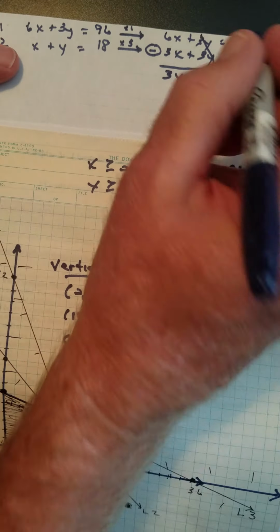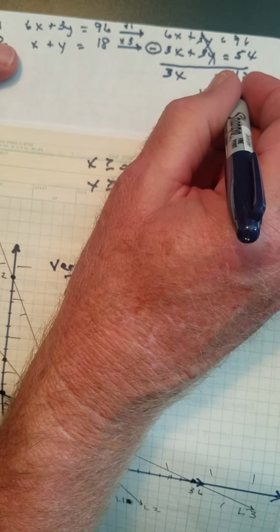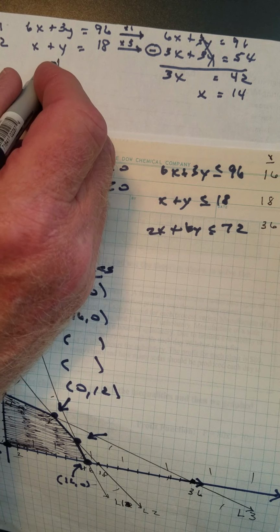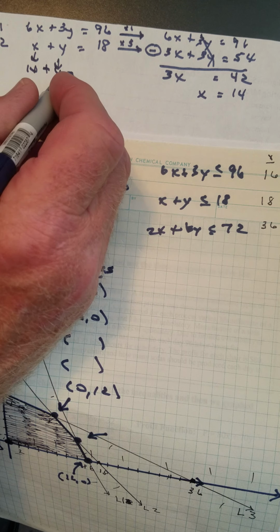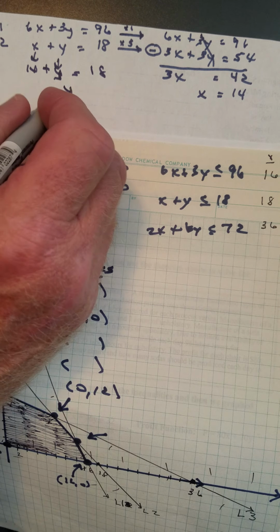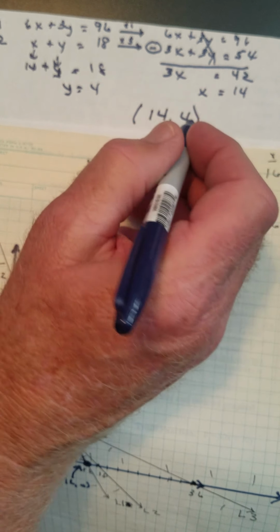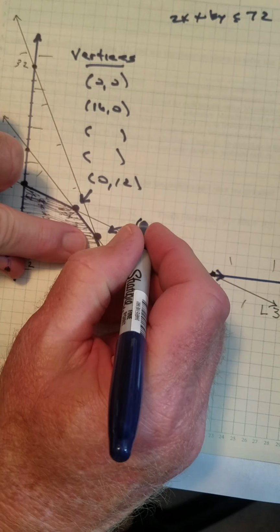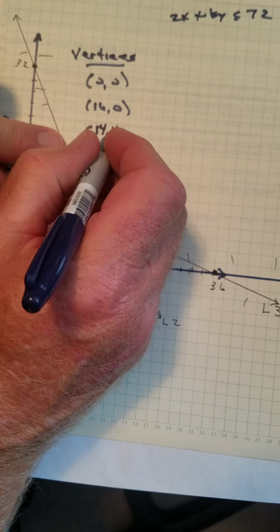The 3 y's drop out, and 96 minus 54 is 42. That tells you that x is equal to 14. If I go back to this equation, I put 14 in for x. I'm going to have 14 plus y equals 18. So y is equal to 4. So my coordinate is 14, comma 4. That means when I go back, this point right in here is 14, comma 4, and that is that vertex right there.